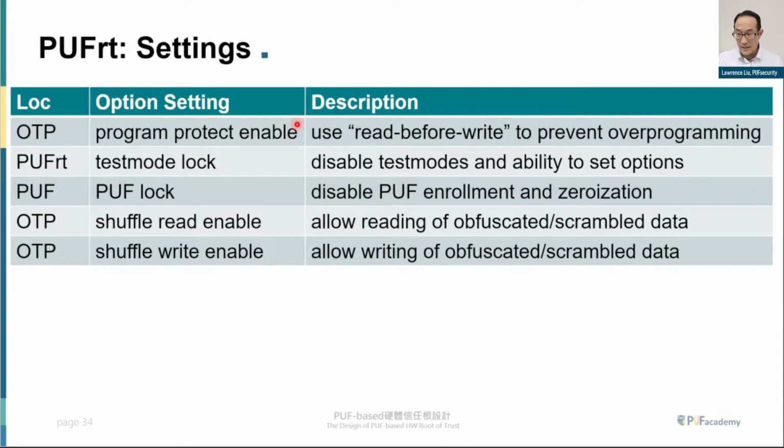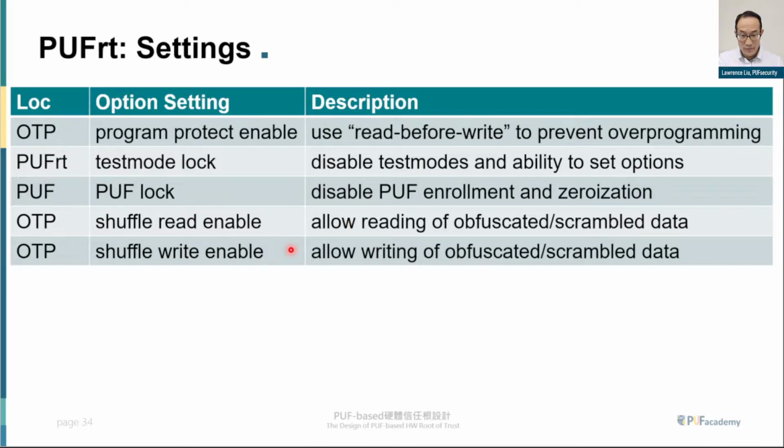And the second setting is test mode lock, which disables the test modes, in particular those related to the hard macro, as well as the ability to set any options such as this entire category of options. So once test mode lock is set, then these settings are all locked out. The third setting is PUF lock, which disables the PUF operations of enrollment and zeroization.